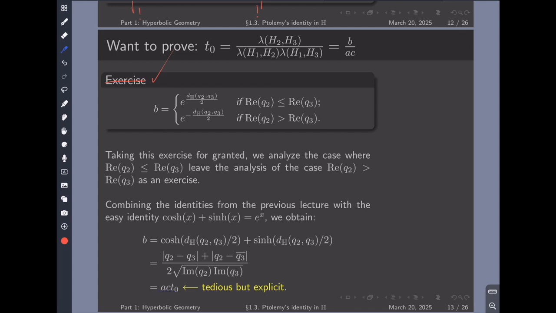And this is, yeah, this is tedious. Okay, and then of course one has still the other case. Yeah, one arrives at the same. But let's say here, once we are here, that's somehow exactly what we wanted, right? Because we wanted T naught to be B divided by AC. That's what we wanted.